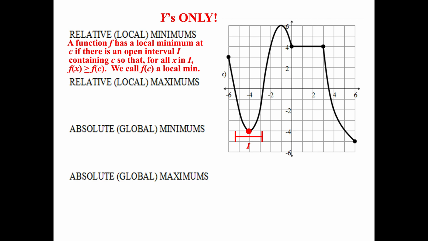All right, what you're looking for are turning points. That's what we're looking for. So here's a turning point right down here. This is not a turning point. That's an end point. It has to change directions.